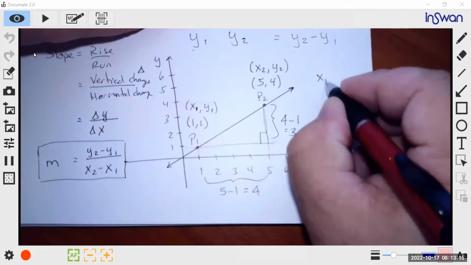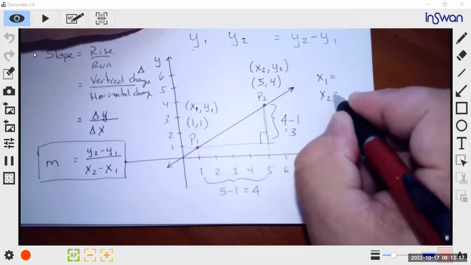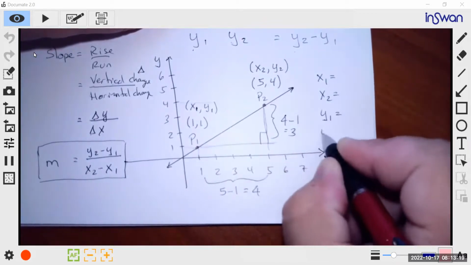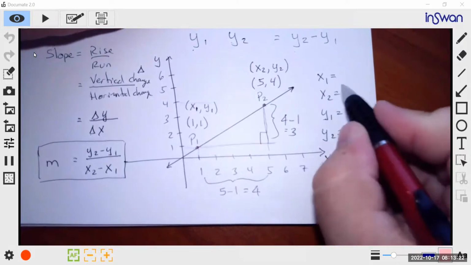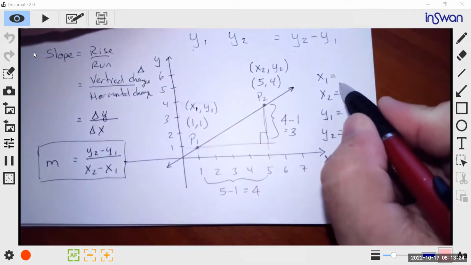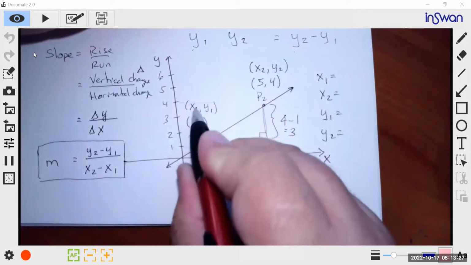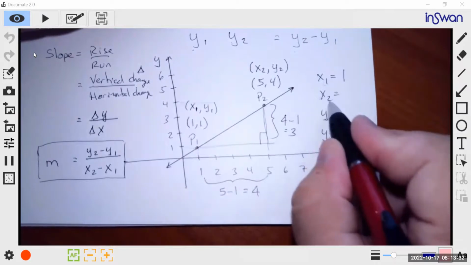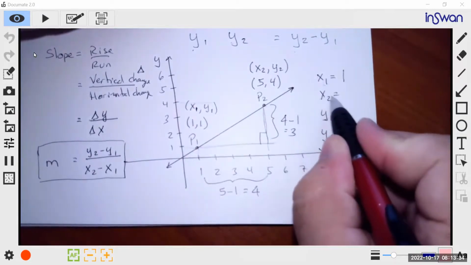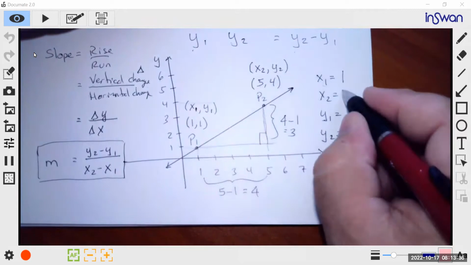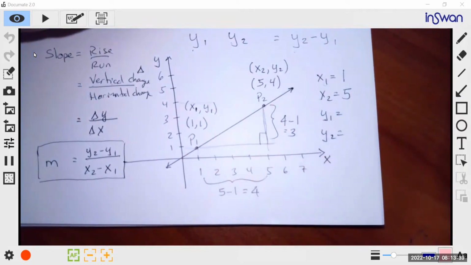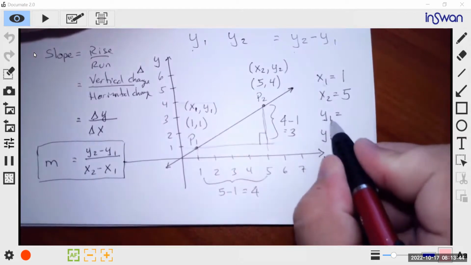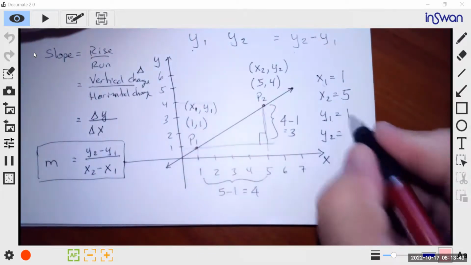Let's label these x1, x2, y1, y2. What is x1? x1 is the x value of the first point, which is 1. x2 is the x value of the second point, which is 5. y sub 1 is the y value of the first point, which is 1.